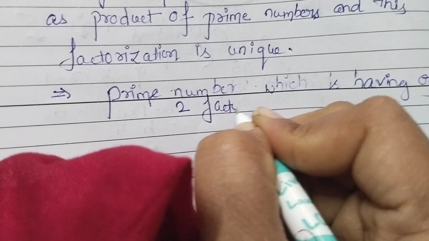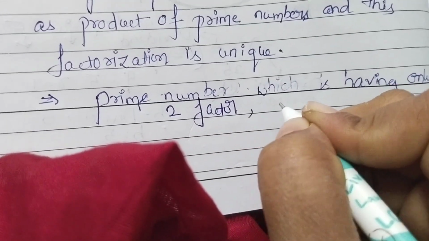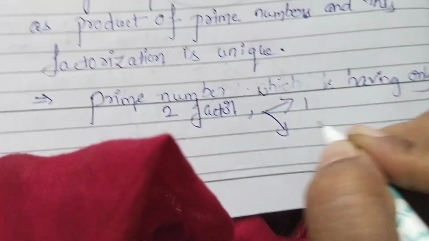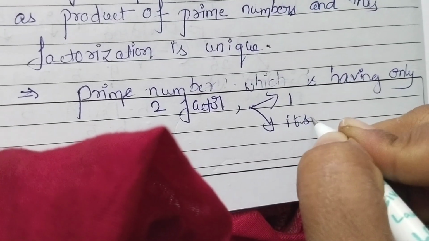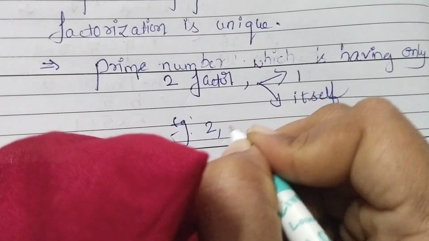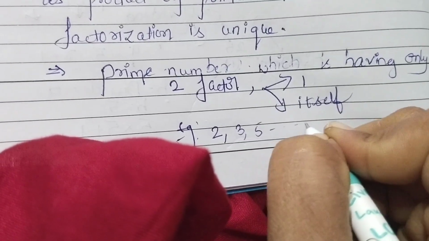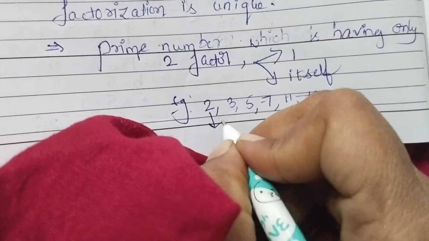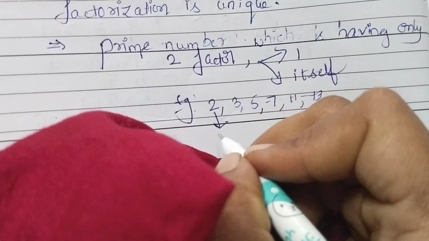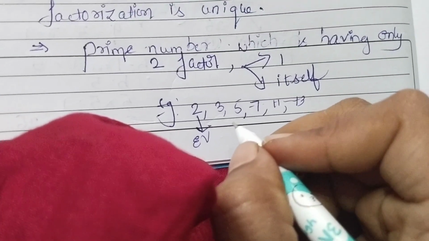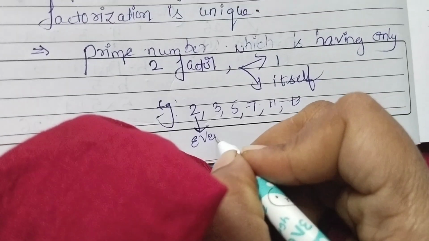Two factors, the number itself and 1. Exactly two factors. Examples of prime numbers are 2, 3, 5, 7, 11, 13. Remember this: the only even prime number is 2. Other prime numbers are odd numbers. We have only one prime number which is even, that is 2.